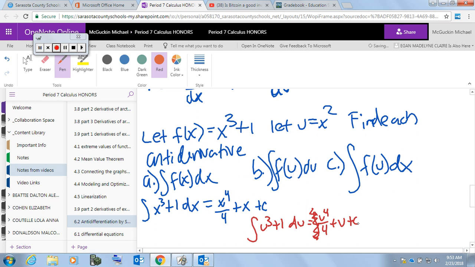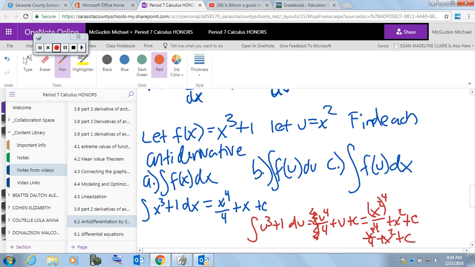However, this is in terms of u, but u has a value. U is x squared. So, in this case, we will have to replace what u has value for. And so if u is x squared, being raised to the 4th power over 4 plus x squared plus c, that really makes this x to the 8th over 4 plus x squared plus c.